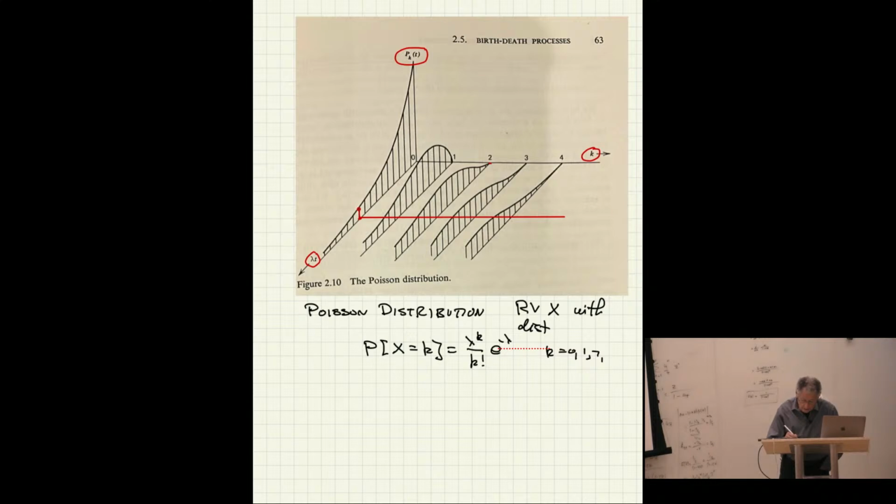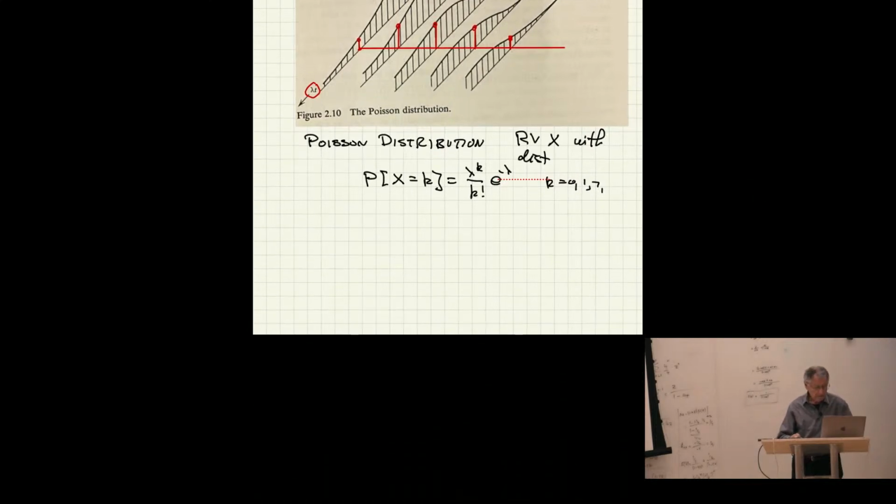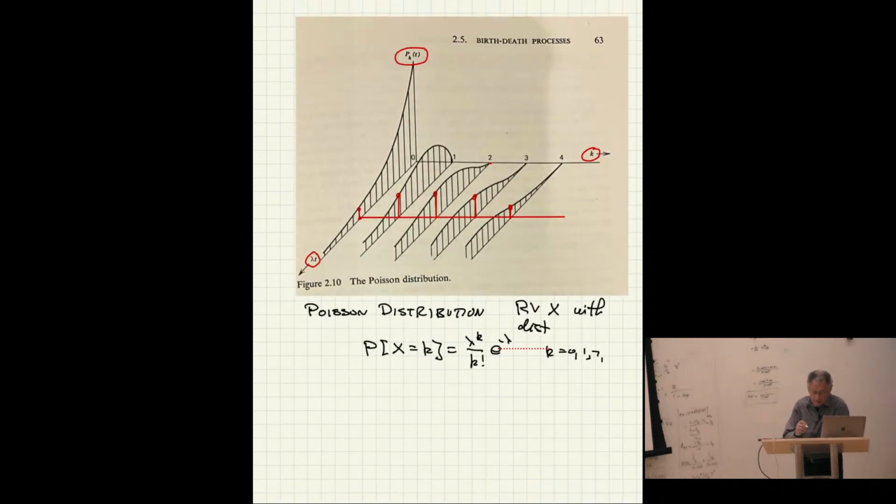For k equals 1, we get that much, etc. This is more or less the more familiar Poisson distribution you've seen in the past. That's the probability at a given time, what's the distribution of the number in the system. Now, I'm going to draw you a picture of that a little more carefully now.